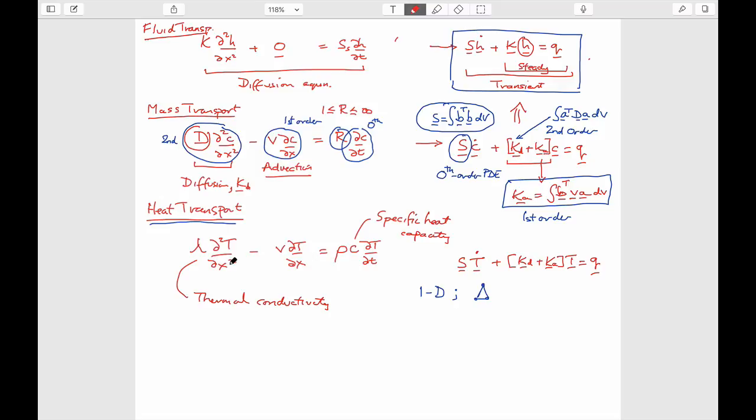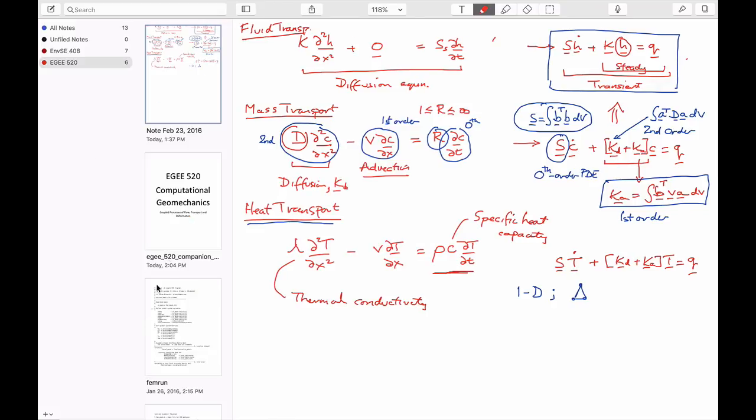If you look at the heat transport term, you have a conduction advection equation, conduction term, advection term, and a capacitance term that looks at the heat flow in the system. Since this is basically a source or sink term that exists here, we could add that flux into that equation.